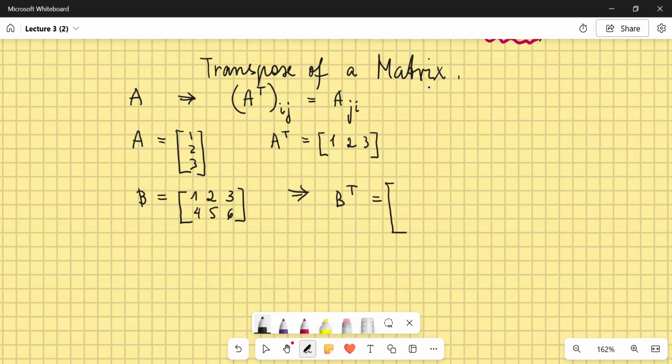We're going to take the first column 1, 4, right, and make it the first row 1, 4. Second column 2, 5, second row. And the third column 3, 6. Well, it's not necessary to do it column by column. You can do it row by row. Doesn't matter actually. Just understand that to find the transpose is to change rows and columns in the matrix. It's like a reflection over the main diagonal.